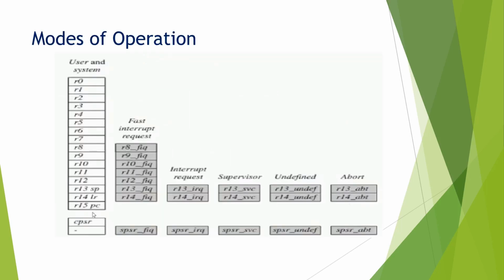See here, these are the modes of operation. There are 6 types: user and system mode, fast interrupt request mode, interrupt request mode, supervisor mode, undefined mode, and abort mode. In the first type, the user can access registers R0, R1, R2, R3, R4, R5, R6, R7, R8, R9, R10, R11 and R12, and R13 for the stack pointer.